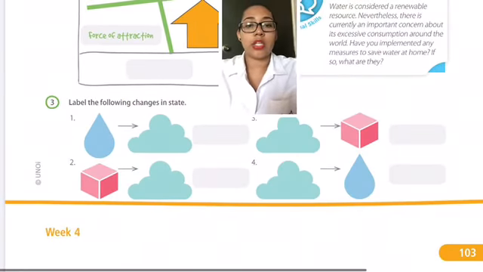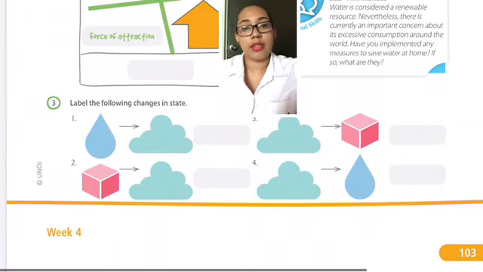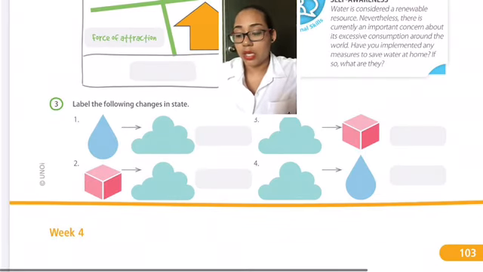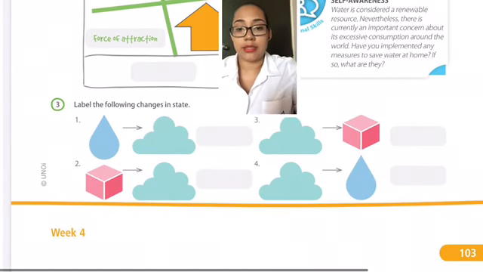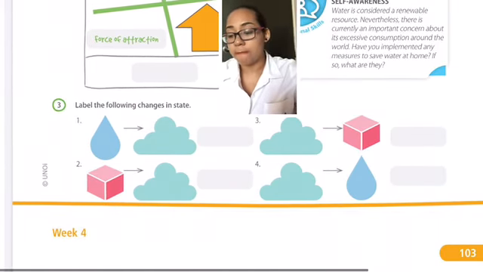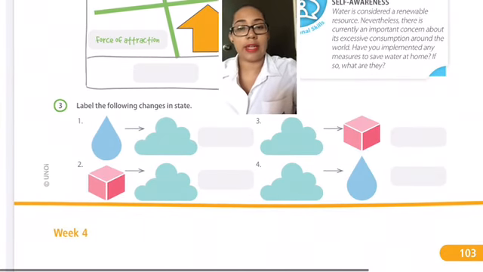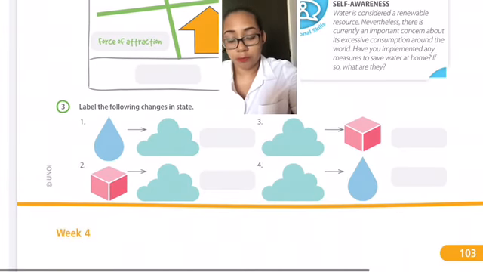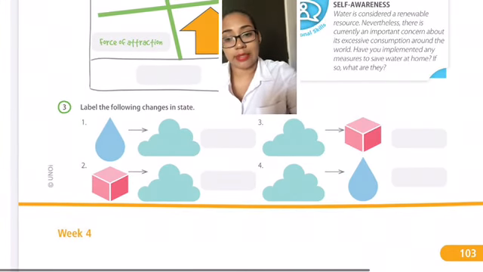Okay, now take a look at exercise number 3, which says label the following changes in states. This is really cool because they put it with images. You see a raindrop and then an arrow saying that the raindrop changes into a cloud.